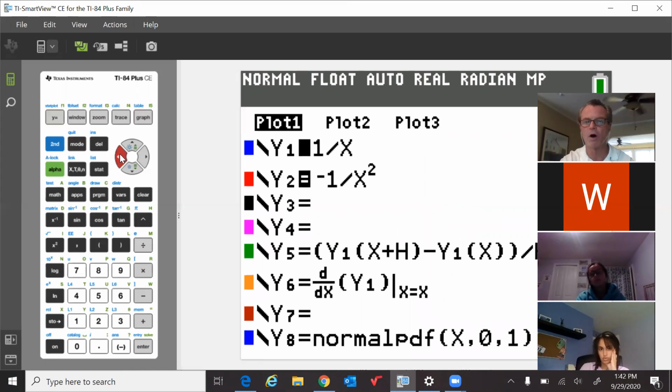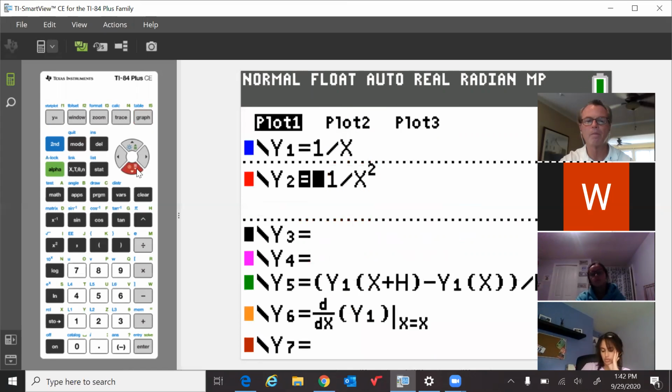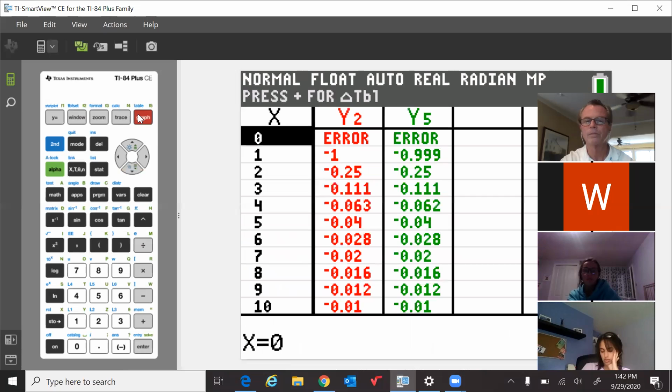So I'm going to turn Y1 off. I'm going to turn Y5 on. It's the same T-chart, which is confirming you correctly identified the derivative. And what are we getting?